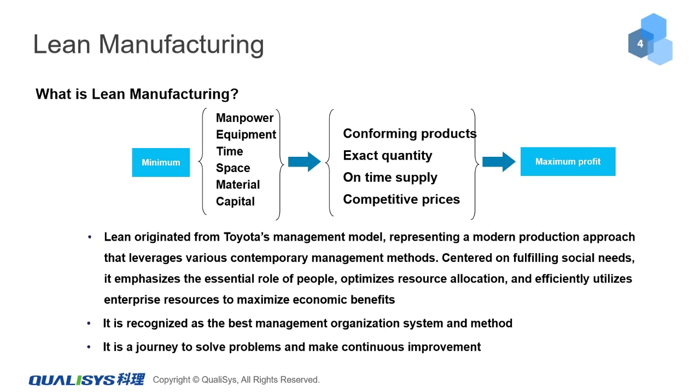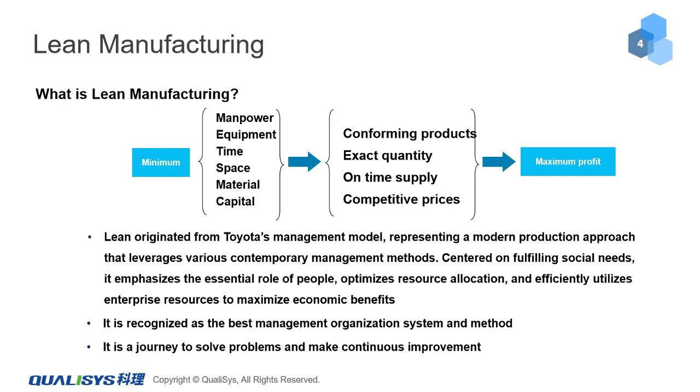And you produce the exact quantity that the customer demands, and you deliver at the exact time that the customer wants it. Of course, you have to produce all these products at a competitive price, which means low cost. So in short, it means minimum input, maximum profit. So that's the meaning of lean.